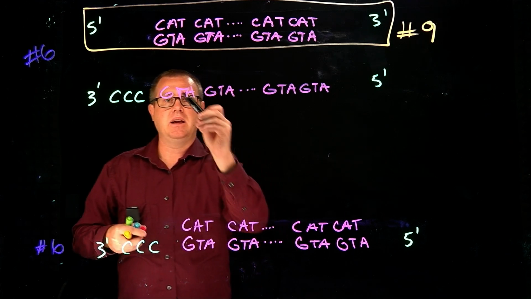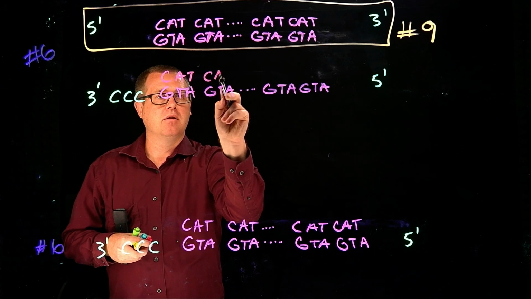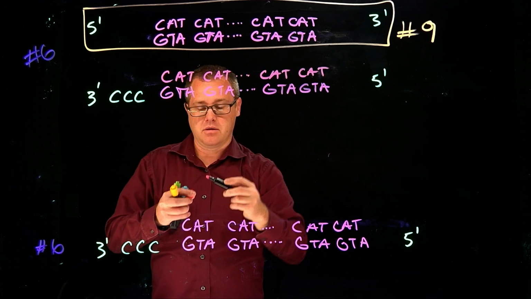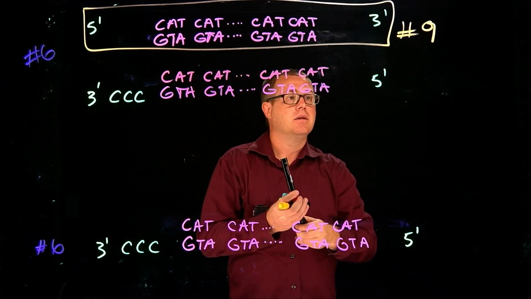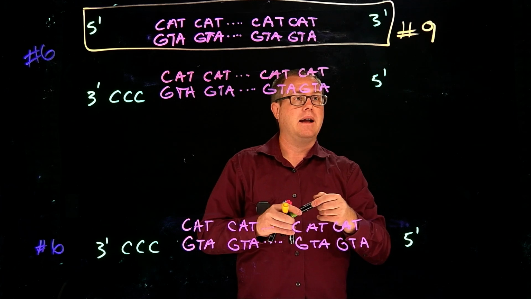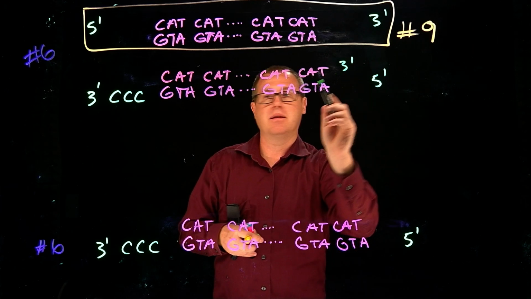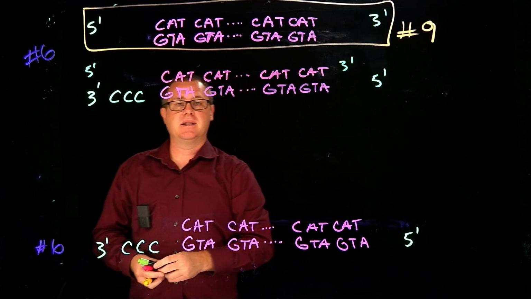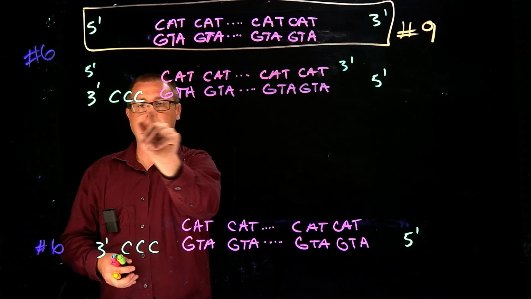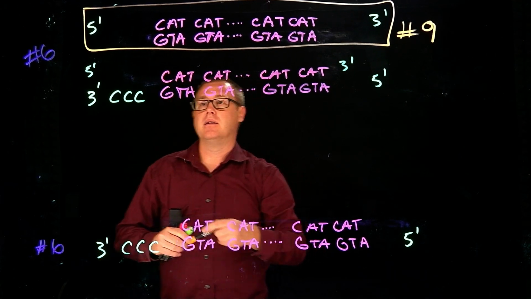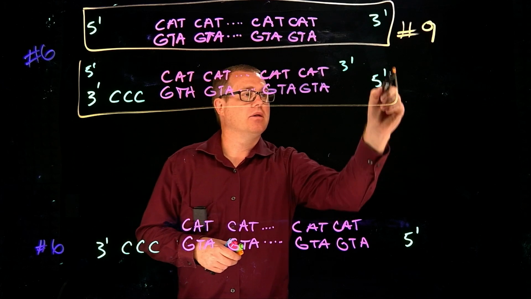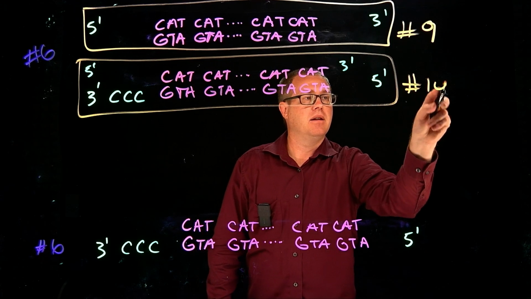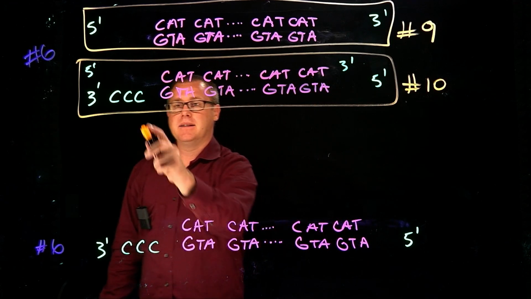So CAT, dot, dot, dot. All right. And so that would be our 3 prime end right there, 5 prime end. But you can see it still has a little bit of green. So this new molecule right here, we'll call that number 10, but it still has a little bit of green there.